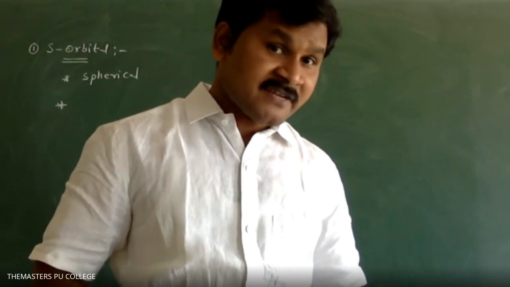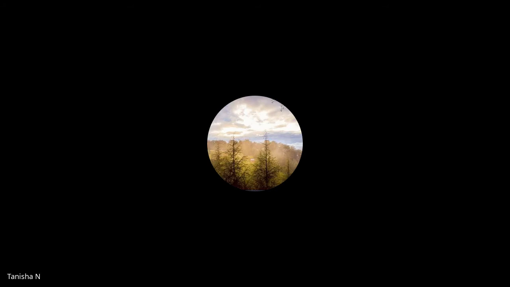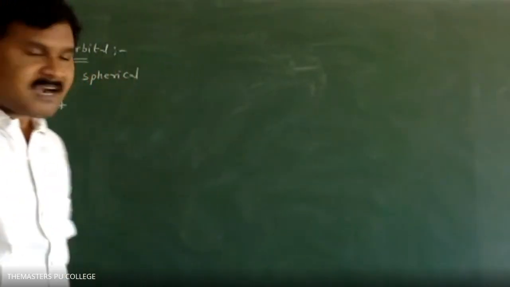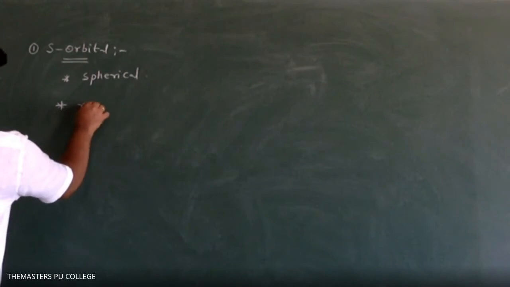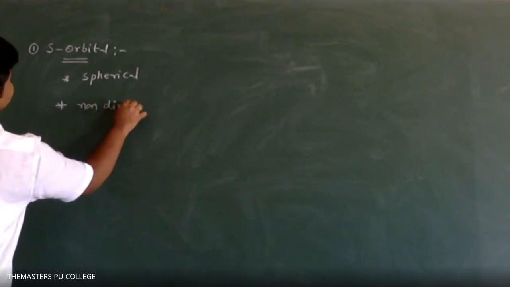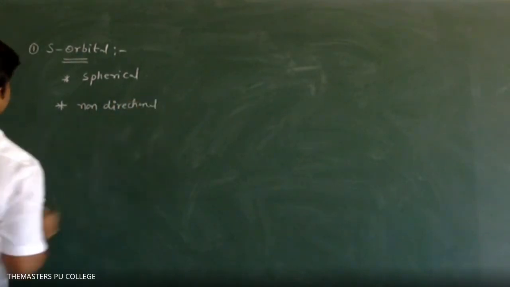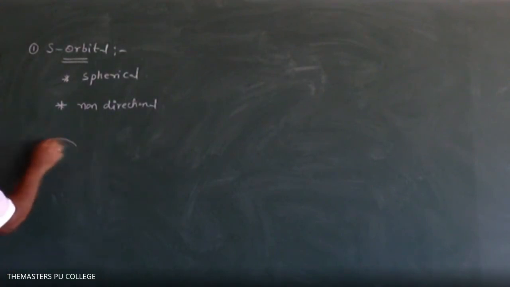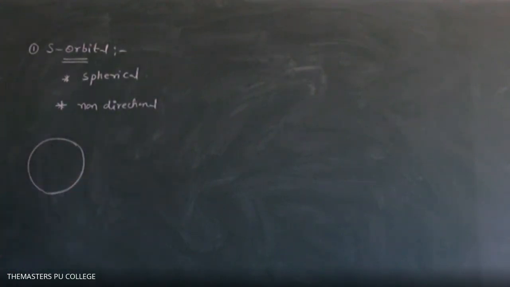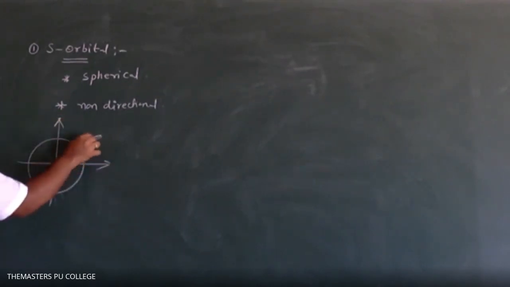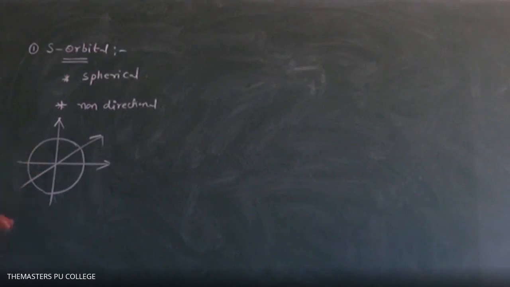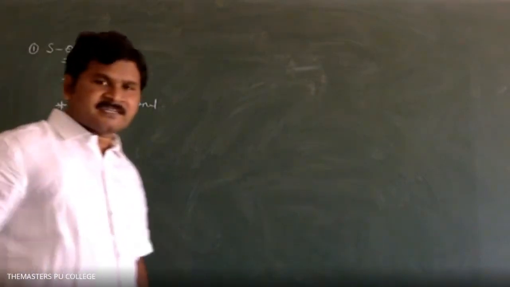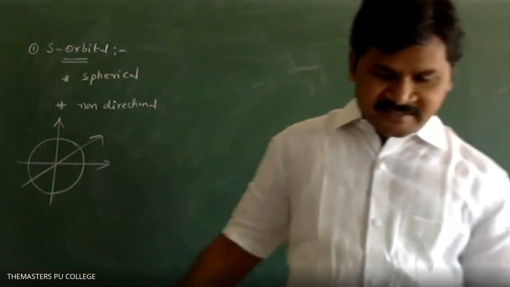S orbitals always form sigma bonds. So these are non-directional, except these, all are directional. Whatever the direction you take, you will get the same type of shape. This is the non-directional shape of s orbital.